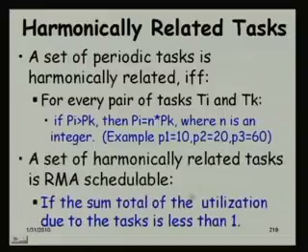The interesting result is that if the periods of a set of tasks are harmonically related, then they are RMS schedulable if their utilization is less than 1. So, the Liu Layland criterion was giving 0.778 and so on, but here you see that for harmonic tasks you are able to get almost 100% utilization.